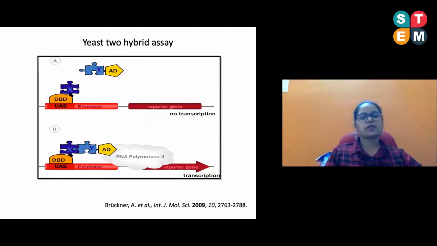So for this, we used an assay called the yeast two-hybrid assay, where a protein of interest, let's say X, is bound to the DNA binding domain, and another protein, let's say Y, is bound to the activation domain. Now, if these two proteins interact with each other, then the DNA binding domain and the activation domain are brought closer to each other, which leads to the expression of the reporter gene, which is analyzed as growth of yeast cells on selection media.